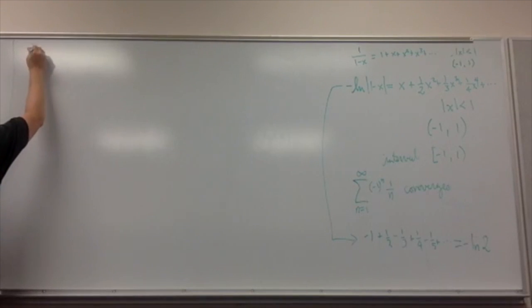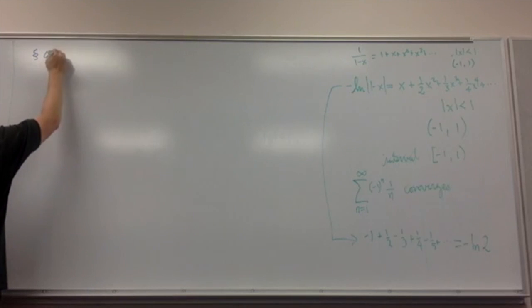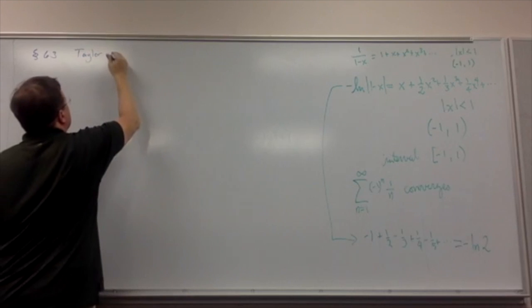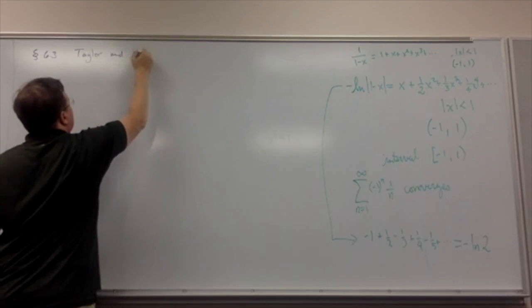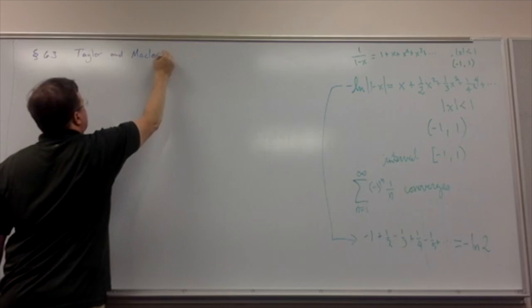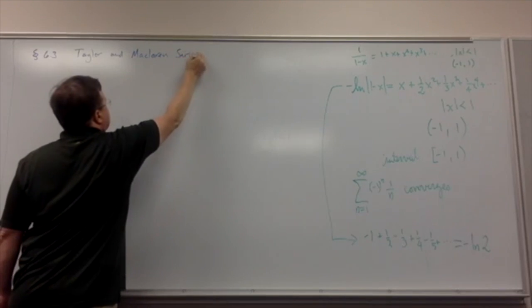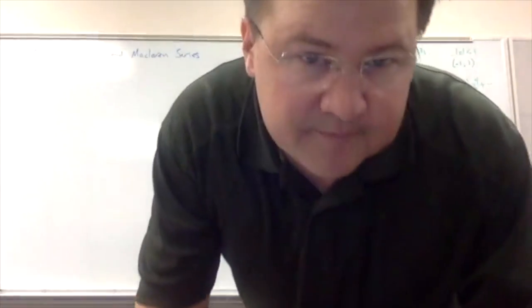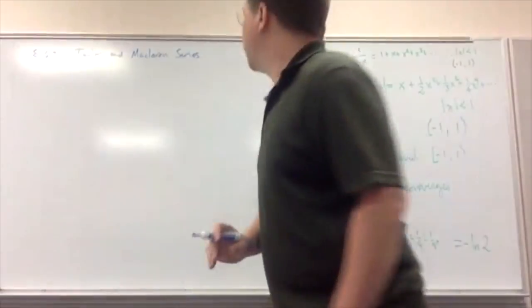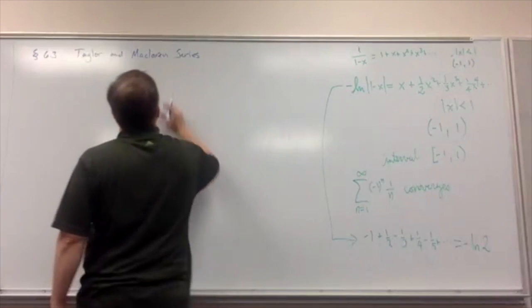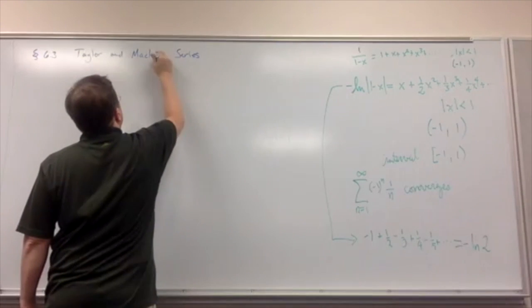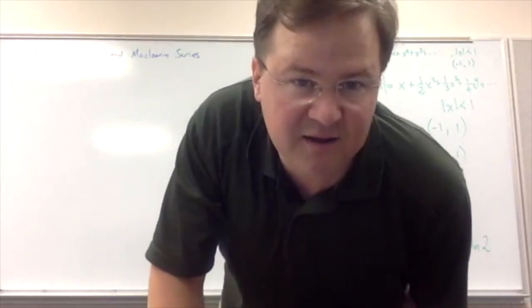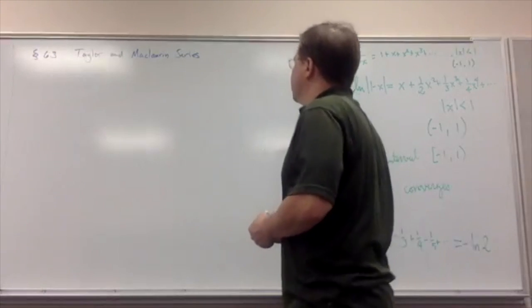So for section 6.3, these are called Taylor and Maclaurin series.